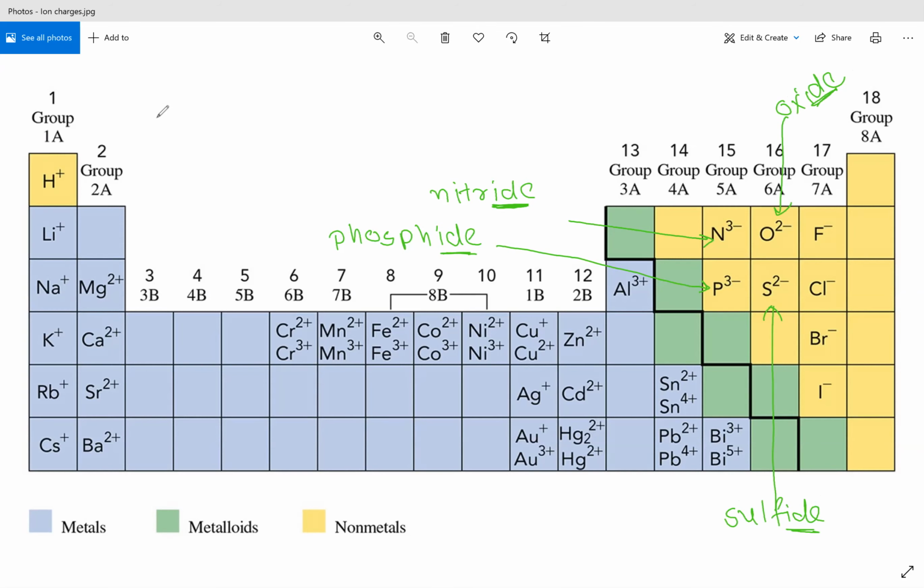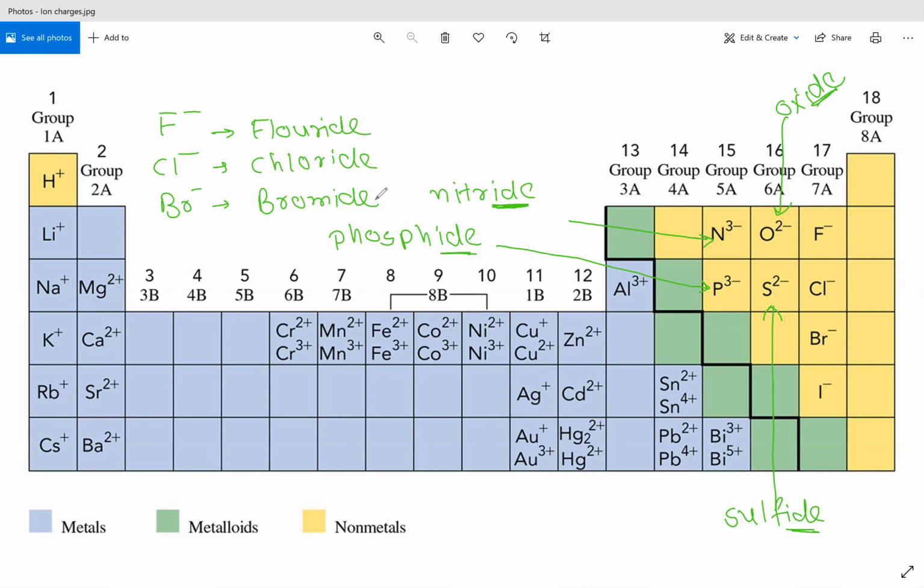For F minus, I'm just going to write that down here. We're going to call it fluoride. Cl minus, what should that be? Chloride. Right?